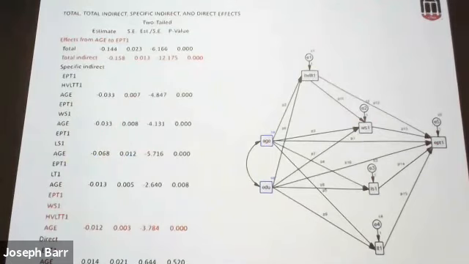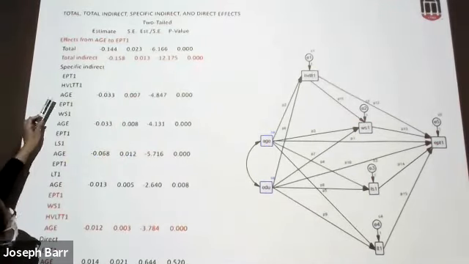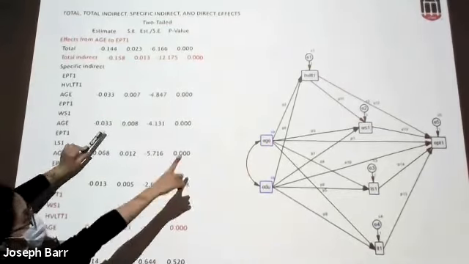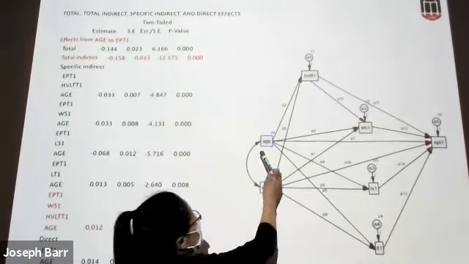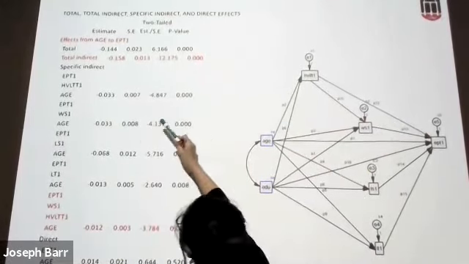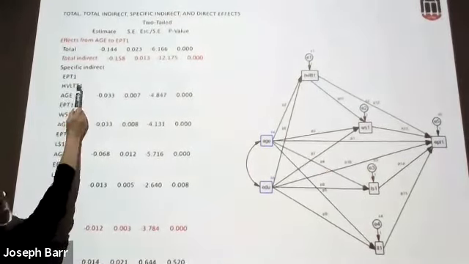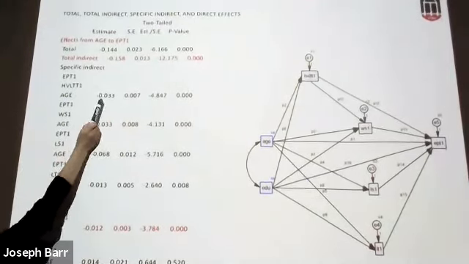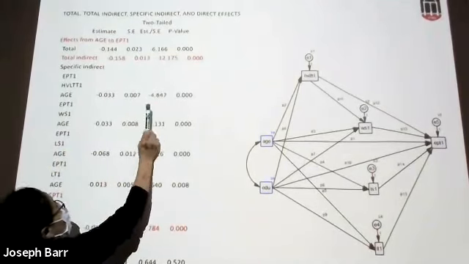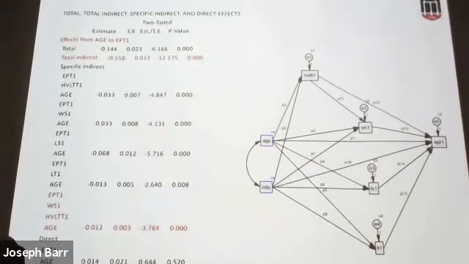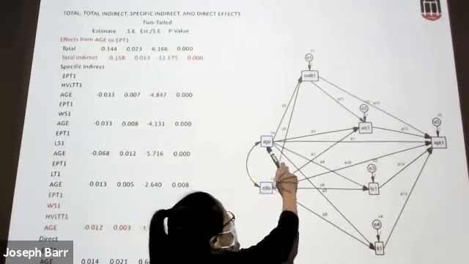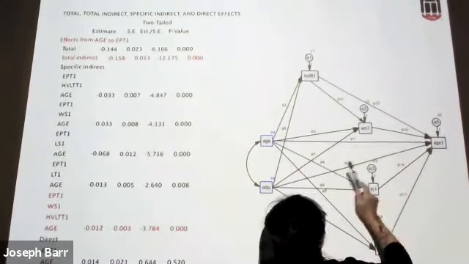And then we have specific indirect. What is a specific indirect? For example, here, from age to HVLTT1 to EPT. From here to here to here, this is one possible component. That specific indirect or mediation effect is negative 0.033. Standard error, ratio, p-value. Or from age to WS to EPT, this is another component.